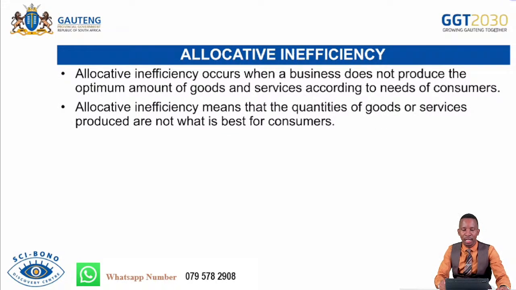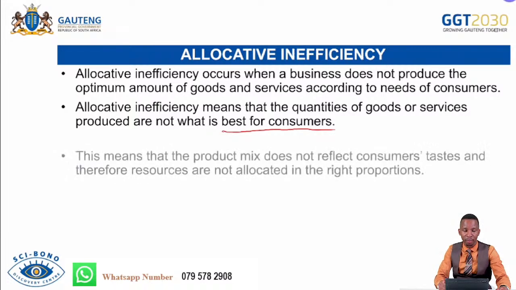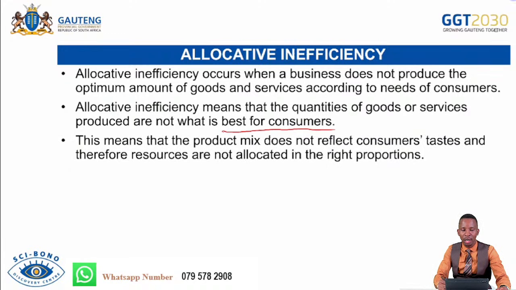Allocative inefficiency means that the quantities of goods or services produced are not what is best for consumers. So goods that are made available in the market are not what consumers are really in need of, are not what is desired by consumers, especially in terms of quality, taste, or quantity. This means that the product mix does not reflect consumer taste, and therefore resources are not allocated in the right proportion.